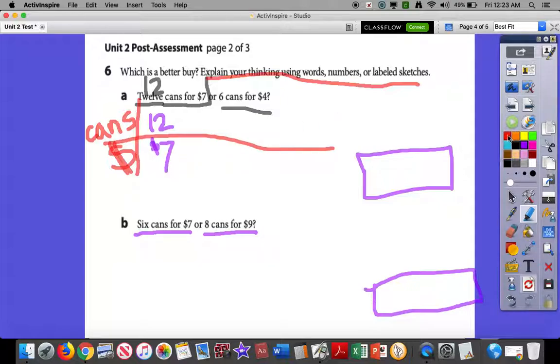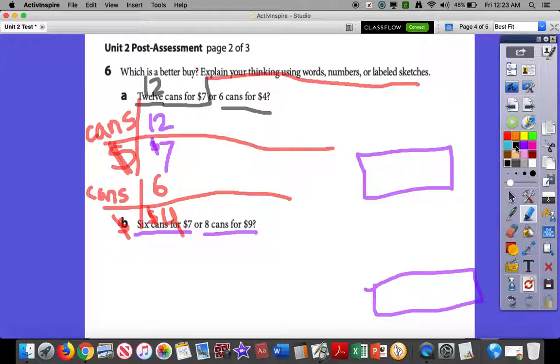All right, and we can go ahead and make another table, do a separate table for the other one. We have 6 cans is $4. Okay, so again we have cans and money. So we're comparing these two sales. It's the same type of thing, they just sell them in different amounts. So we want to know what is the better buy.